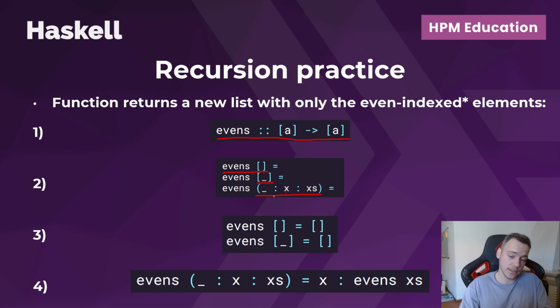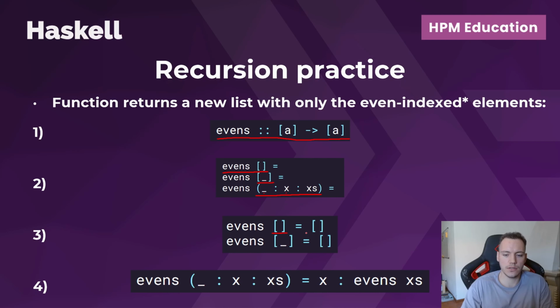If you need the last elements, you need to come up with other ways to do it. In any case, our third case that we expect is a list of 2 or more elements, which will be also our recursive case. So in step 3, we take care of the simple cases, which is the empty list.